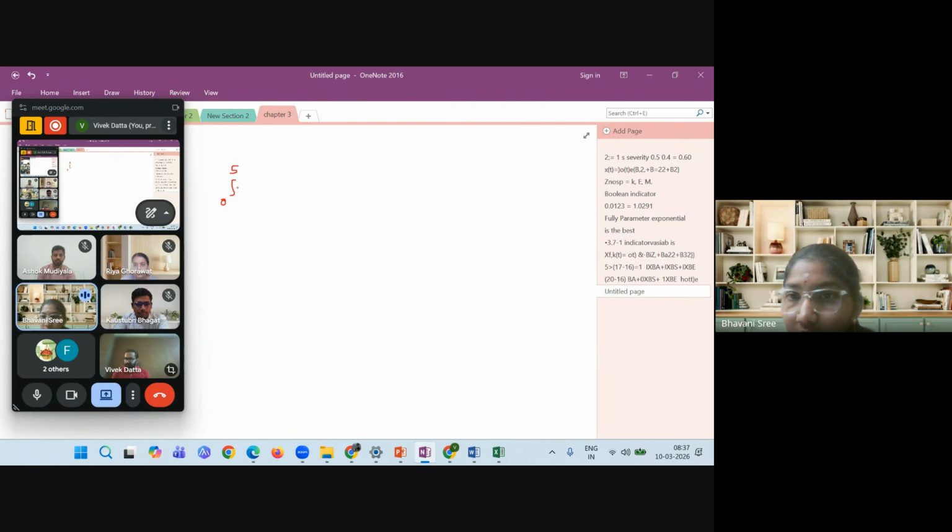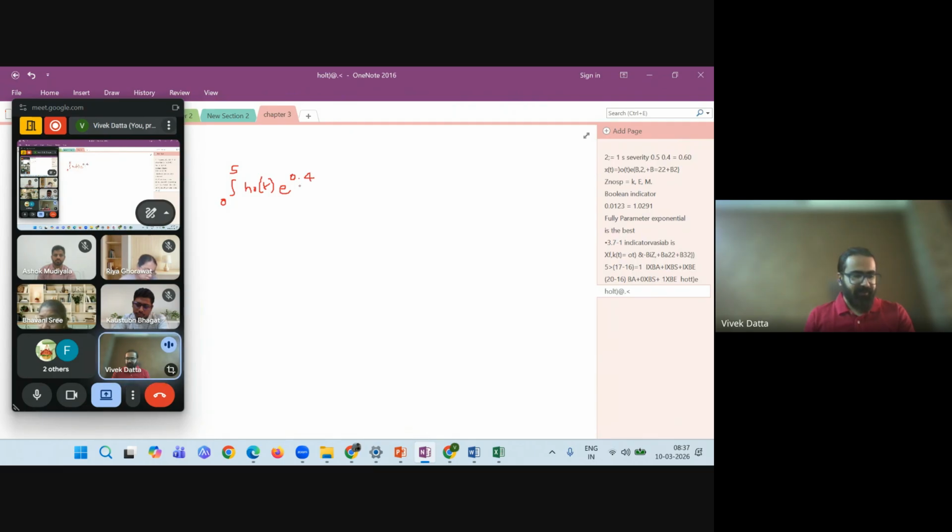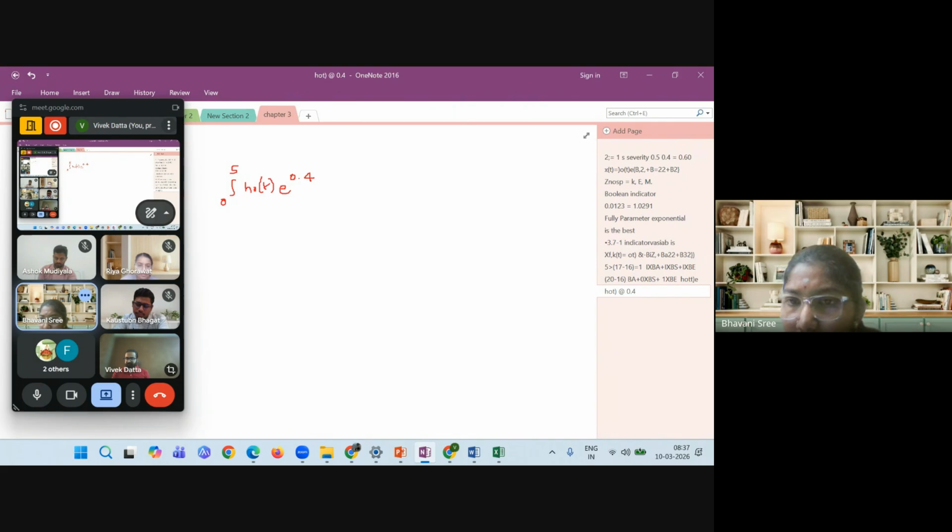And h naught of t, e raised to 0.4 because it was sold through internet. So I wrote it as 0.4, rest becomes 0. And dt, that would be equal to, if the limit is 4, it should be 0.4, otherwise it should be 0.6. So that only I was not able to give.